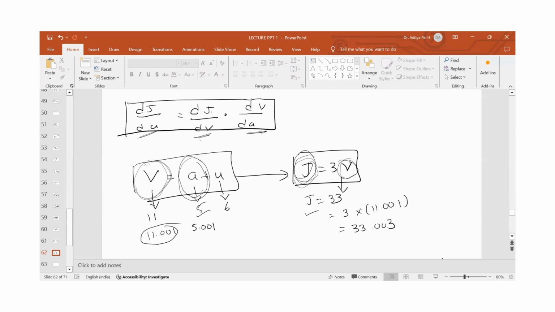That is how the chain rule works. I hope you have understood the chain rule concept here.